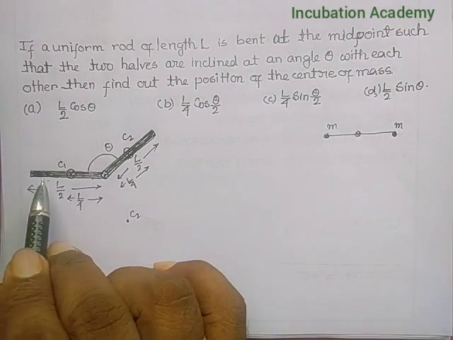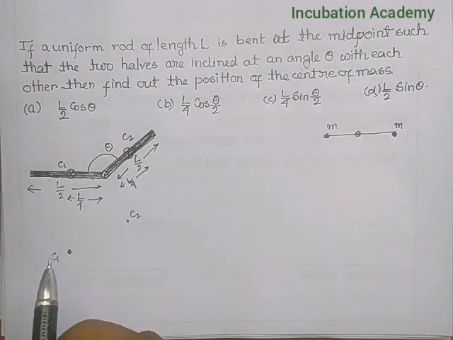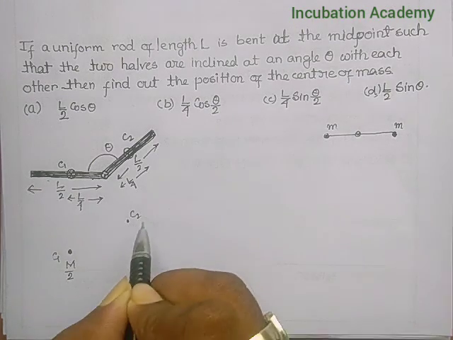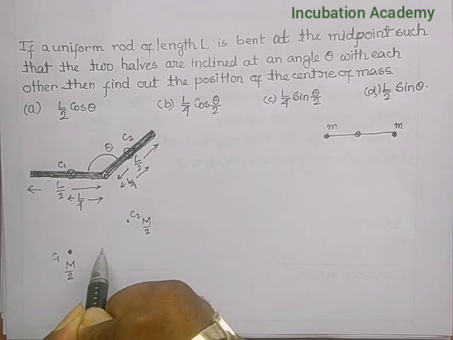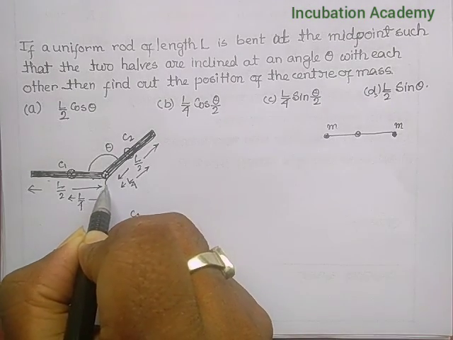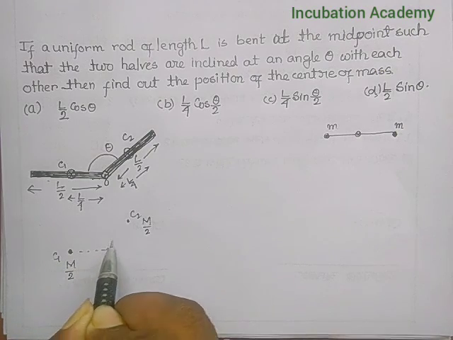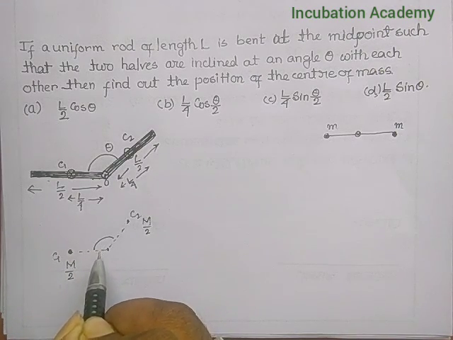So if this rod is of mass capital M, then these two equal halves have the masses M by 2 and M by 2. So this is the point of bending, or we can say the point of inflection. So here it makes an angle theta.